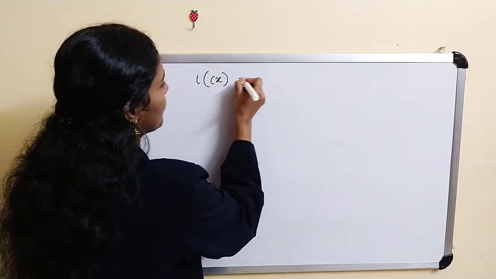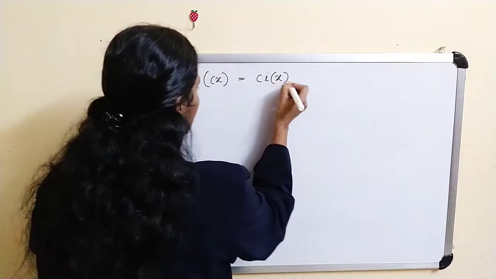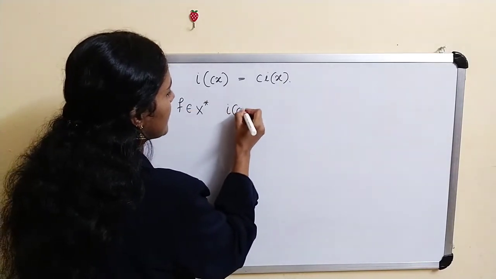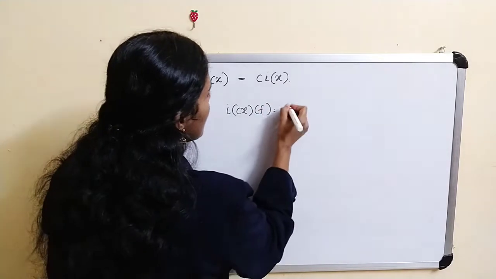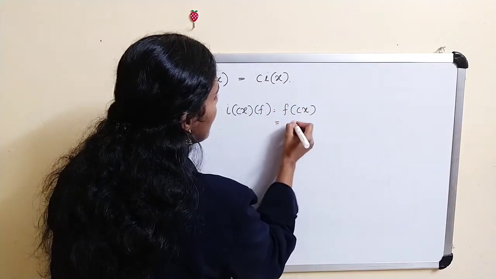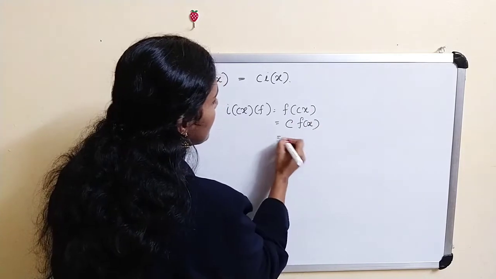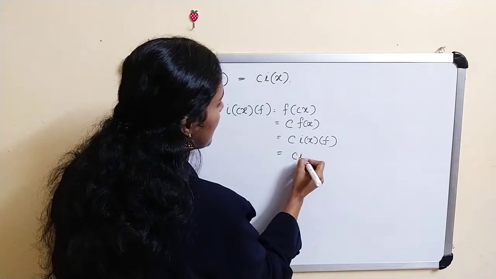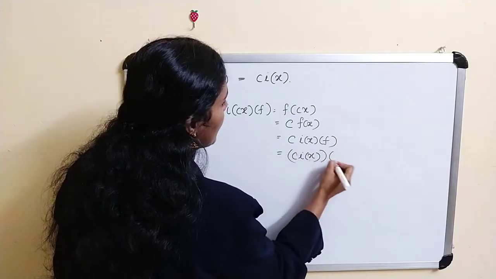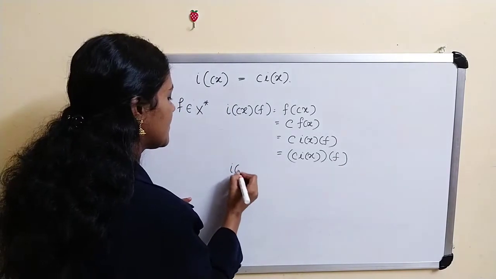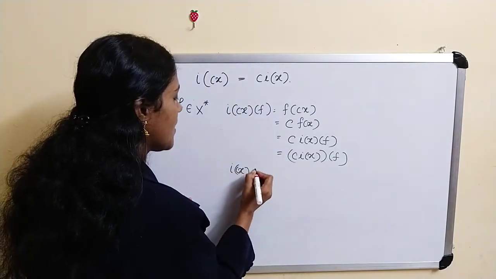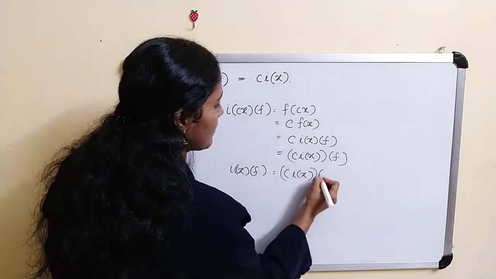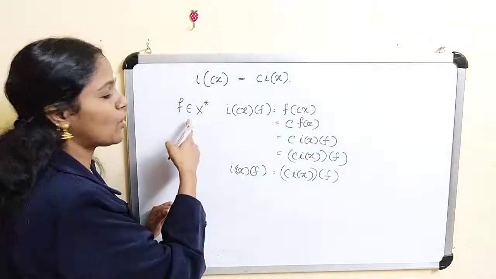Now we are going to prove I of cx equals c I of x. For this, for any f belongs to x star, I of cx of f is equal to f of cx, that's equal to c f of x, and that's equal to c I of x of f. Thus we get I of cx of f is equal to c I of x of f, and this is true for every f belongs to x star.